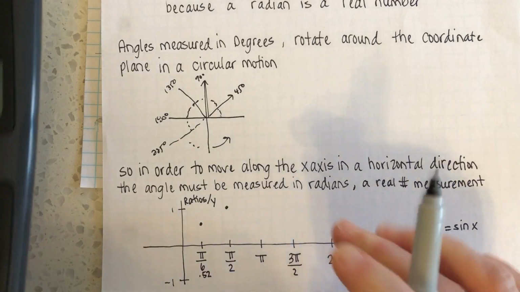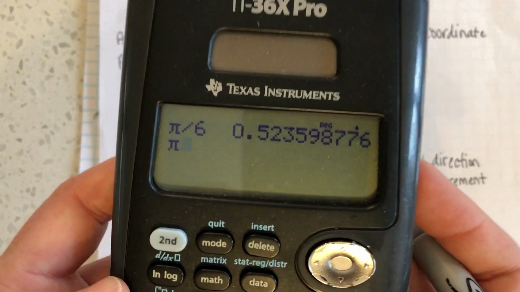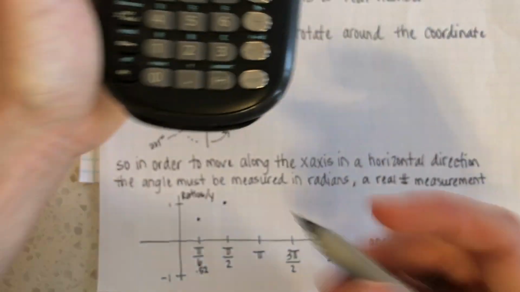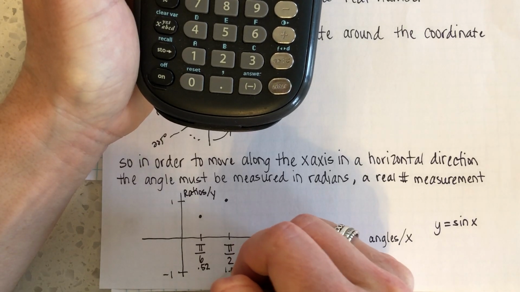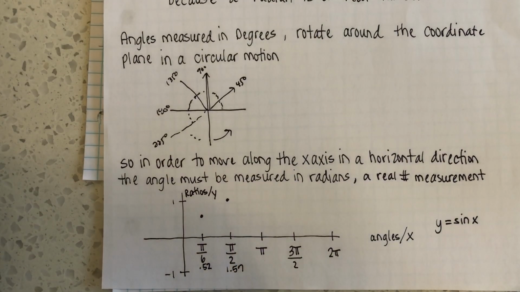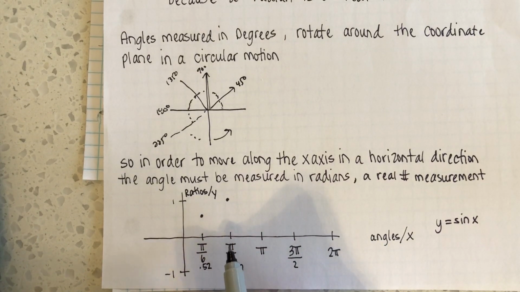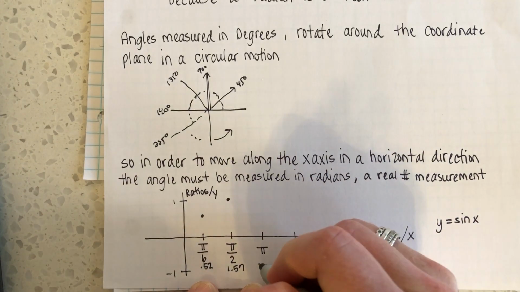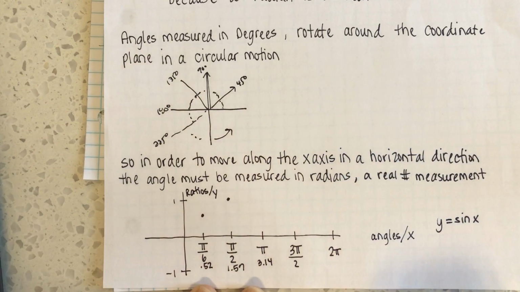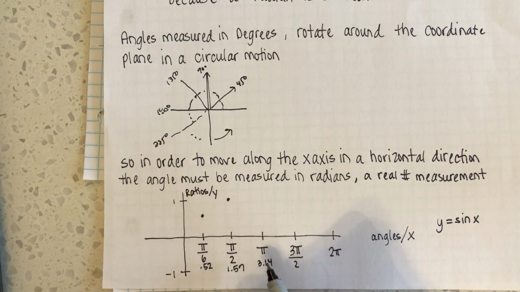Pi over 2, that's literally pi divided by 2, that's 1.57. That's a real number, 1.57 radians. That's literally where 1.57 would be on the x-axis as a real number. Pi radians is literally 3.14 radians. That's where the number 3.14 would really be on an x-axis.